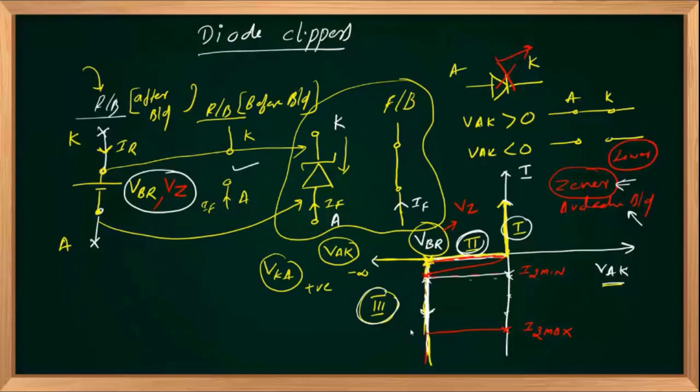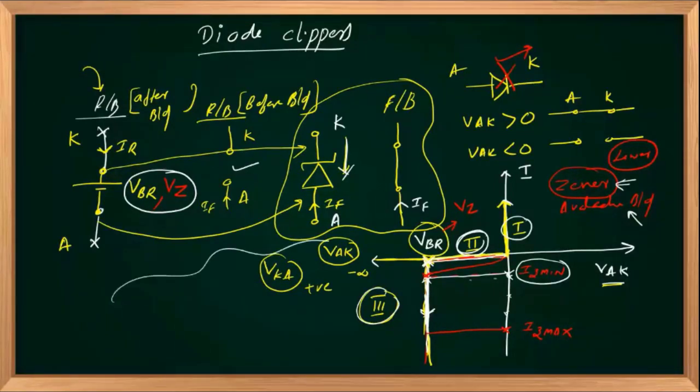So for breaking down the diode in the reverse direction, we should ensure a minimum reverse current in this direction, cathode to anode, and we should ensure that the reverse voltage exceeds VBR in magnitude, or the reverse voltage should be greater than the reverse breakdown voltage.